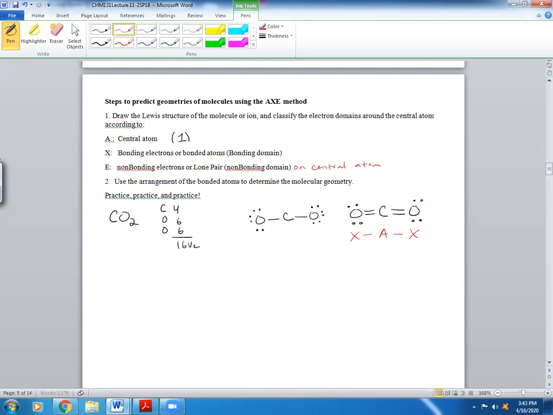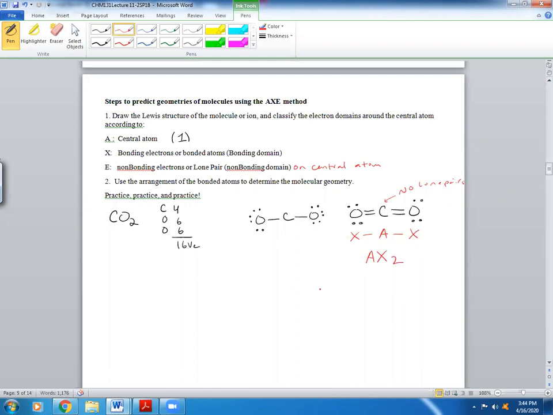And by the way, you can also do each atom by itself, but we'll get to that later. Do you have any lone pairs on here? Nope, no lone pairs. So that means E is 0. We don't care about it. So what do we have here? We have AXX, so that's AX2.